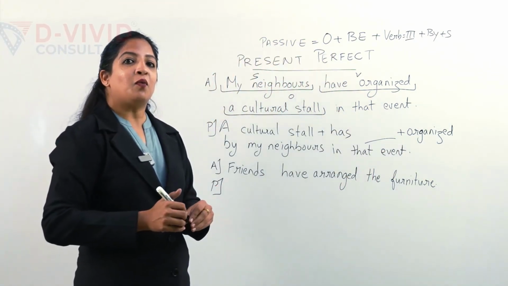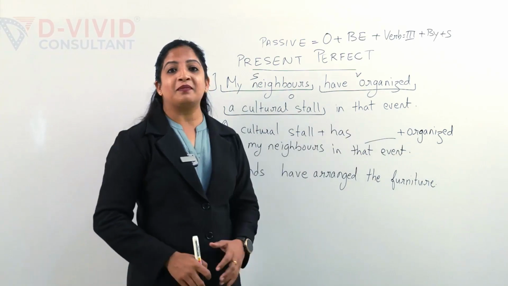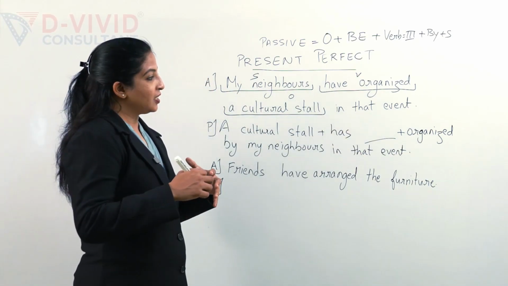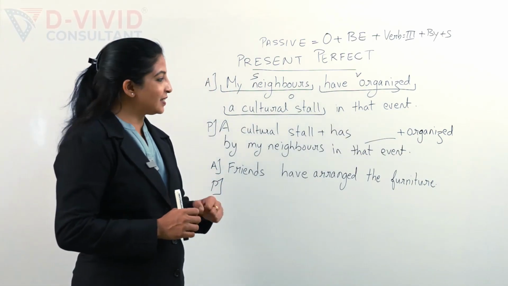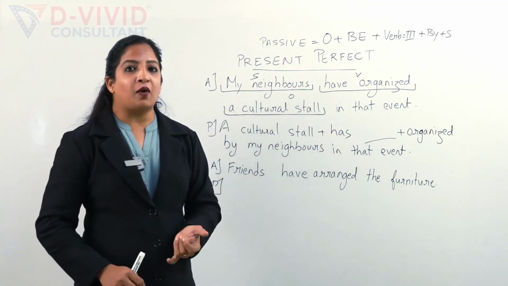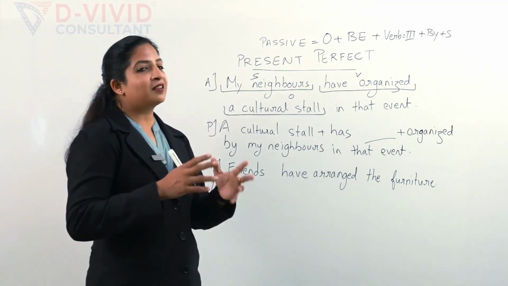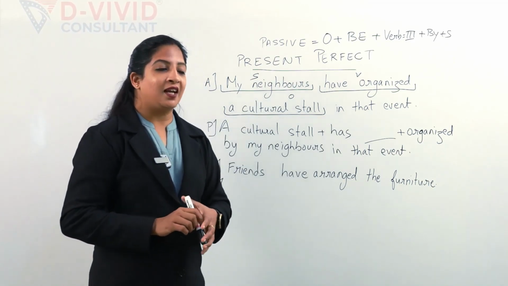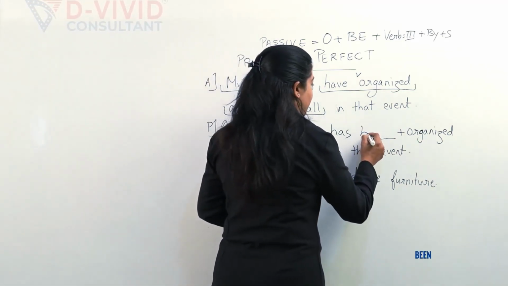Okay guys, so what are we supposed to put in that blank? Any guesses? Yes, we will call the third form of be, and so we'll have been.